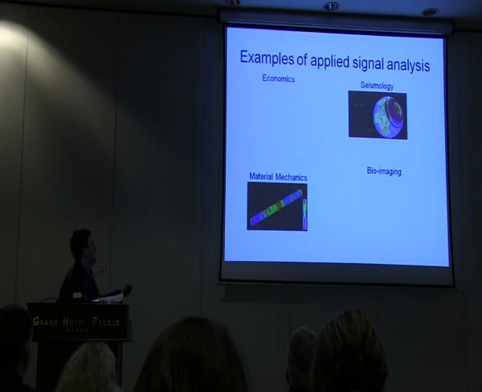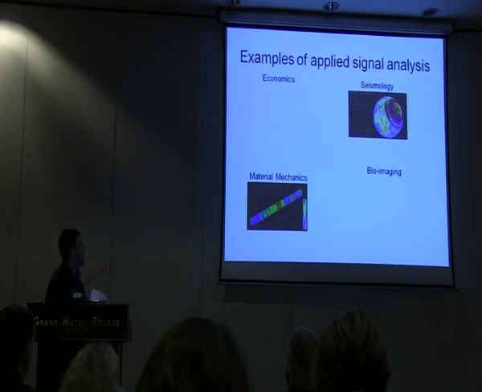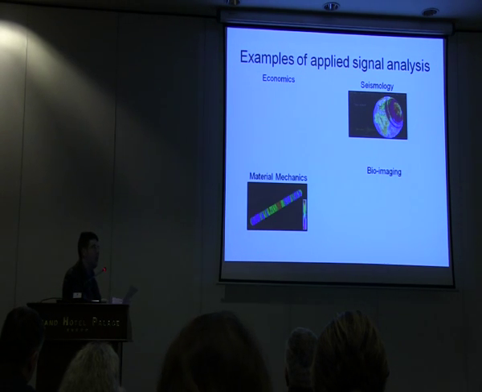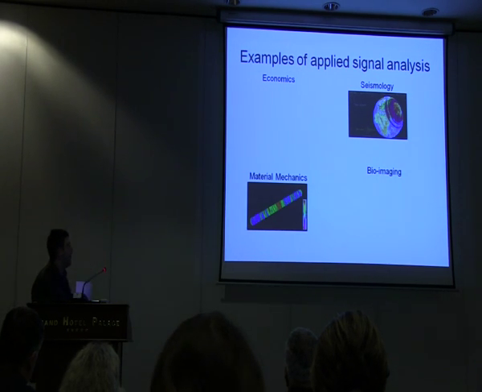In any event, with economics, when we graph the price of a stock, we can predict its future behavior. In seismology, we can measure the waves that are produced by earthquakes in order to find out what exactly caused the earthquake. In material mechanics, we can image a material and its cracks, its faults, in order to realize what caused them.